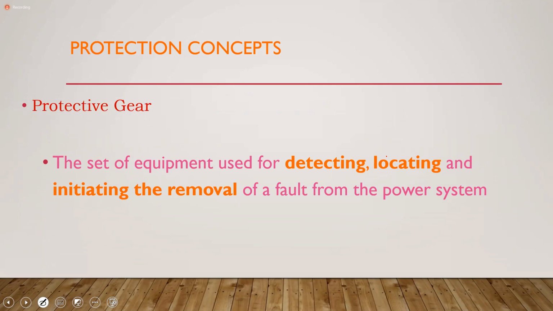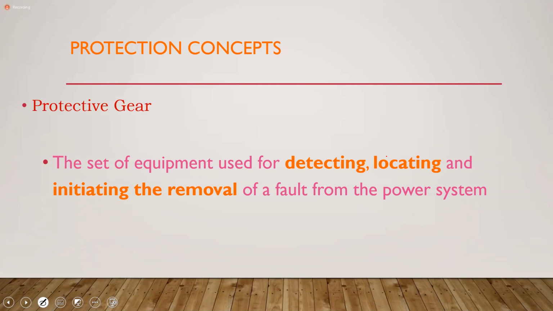So in other words, everything up to the decision and action to initiate removal, all the equipment up to that point constitutes your protective gear. All right. So in other words, the breaker would not be part of your protective gear. And we'll talk about that later.